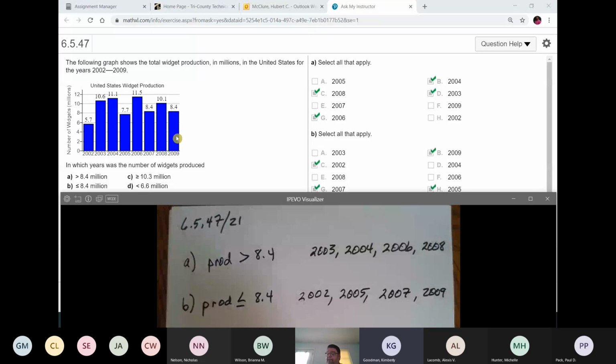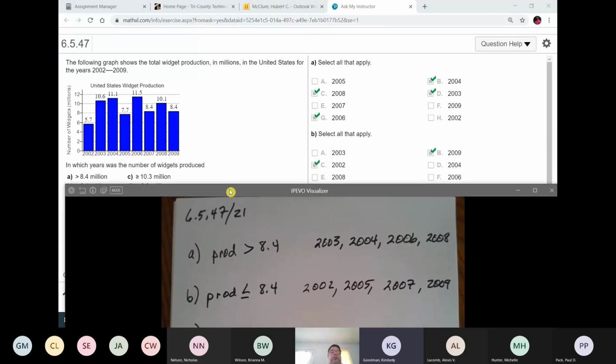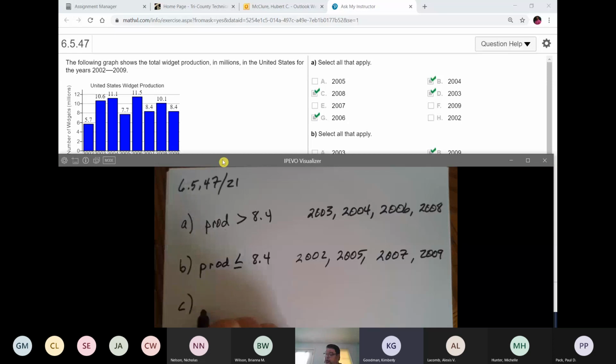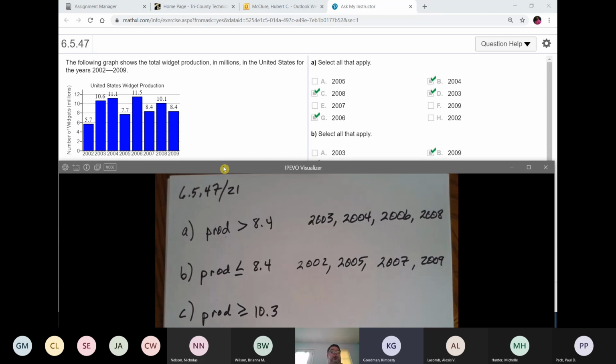C says greater than or equal to 10.3. So that would be what? 2003, 2004, 2006.